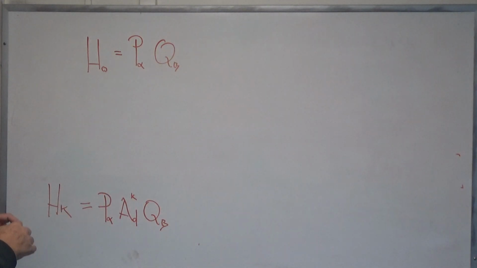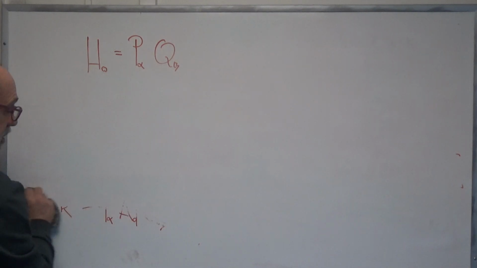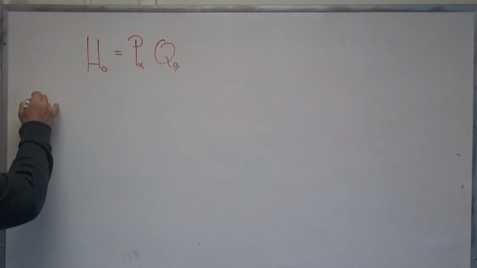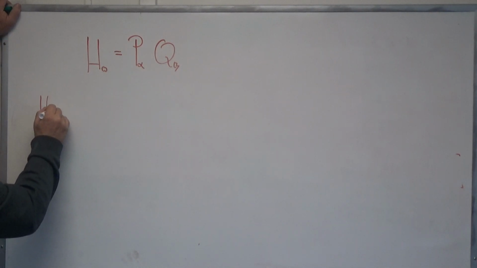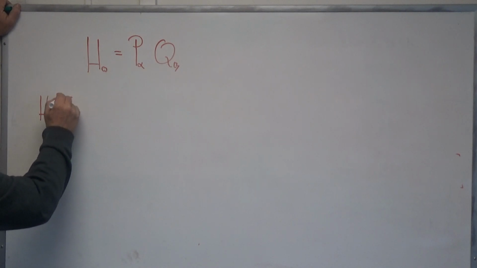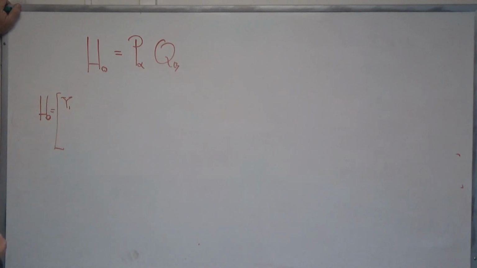H0 is the Hankel matrix that begins with the first Markov parameter that is not D, because H began with HK plus 1.